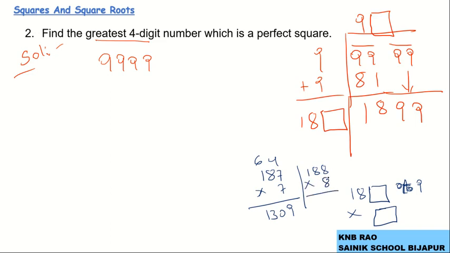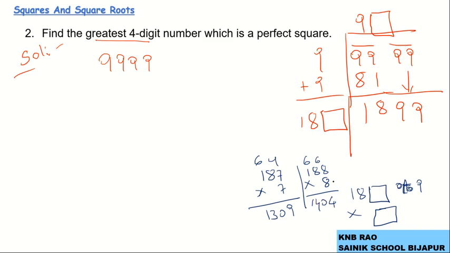So, here 188 multiplied by 8 gives us 1504. Okay.